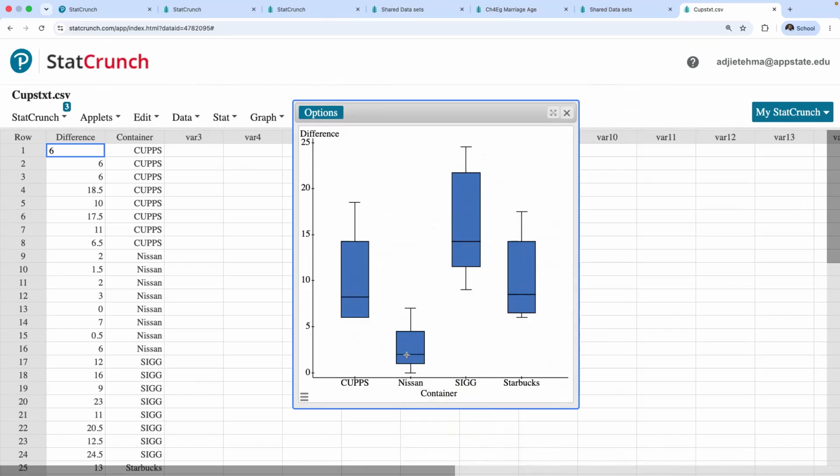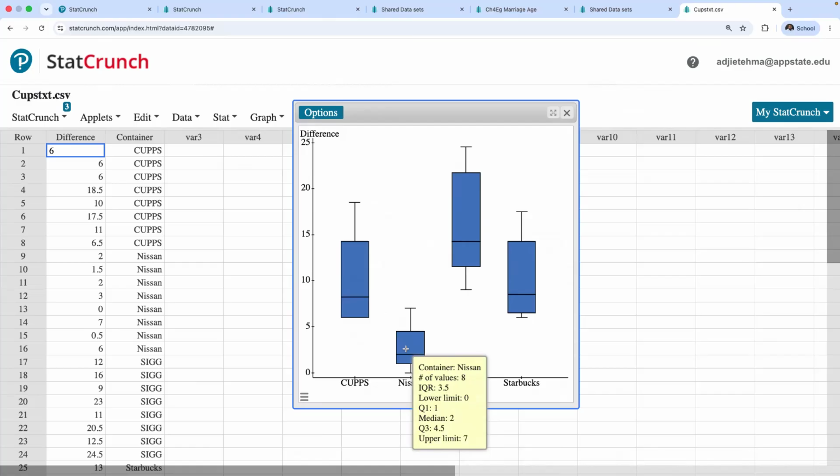So the shorter means that it is consistent. It means the variability is low. Is that okay? So it means that we can rely on this, whatever Nissan is saying, whatever this cap is saying, we can rely on that because the variability is low. Is that okay? Good. Any questions so far?